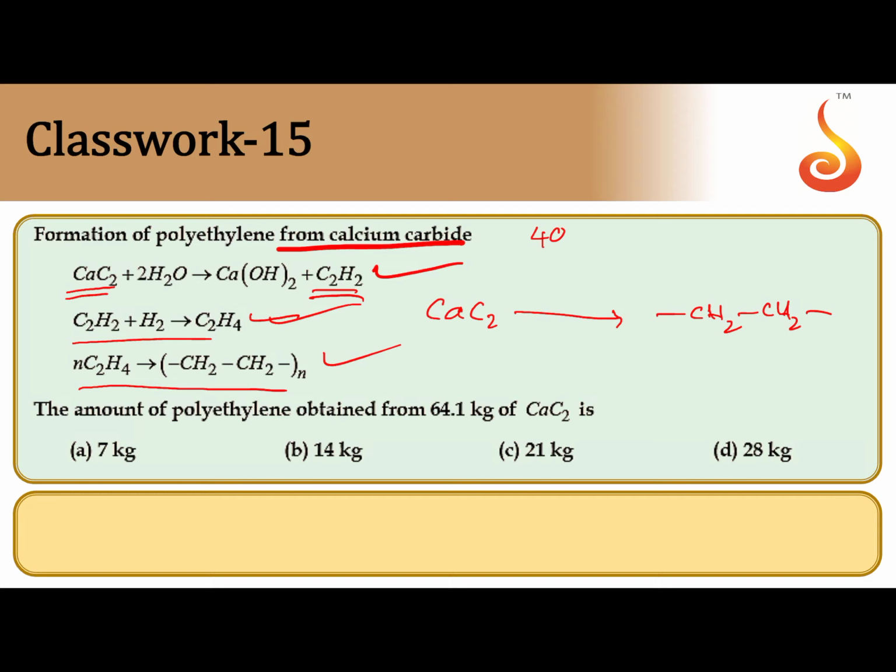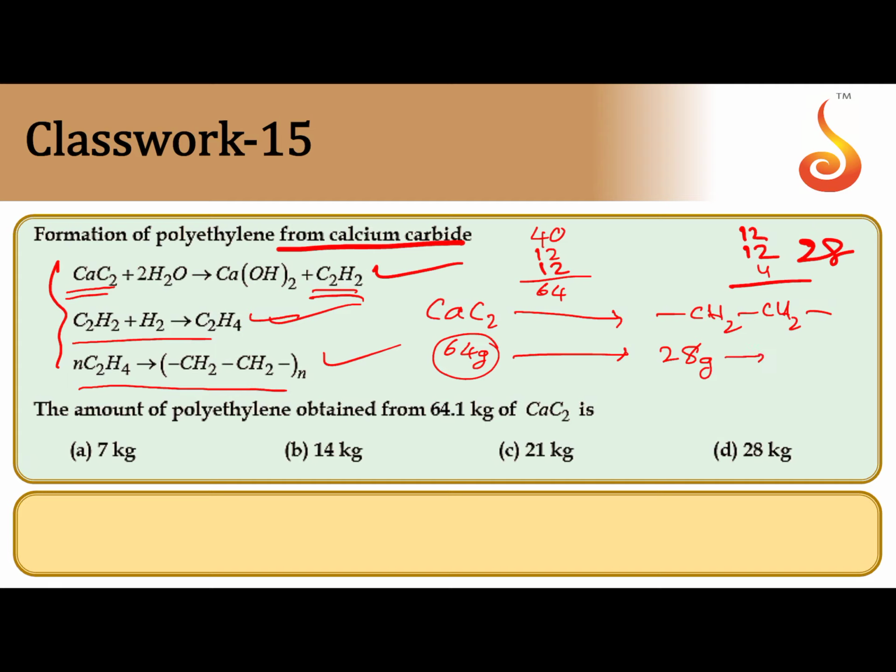Calcium carbide molecular weight: calcium 40, carbon 12 and 12, so 64. 64 grams of calcium carbide after 3 steps gets converted into C2H4, meaning 12, 12, 4, that is 28. So 64 grams of calcium carbide produces 28 grams of polythene.